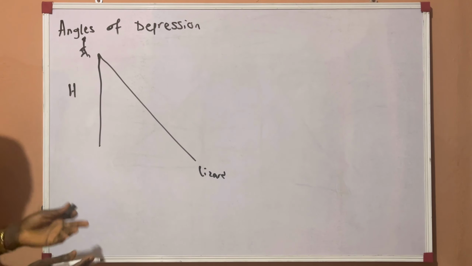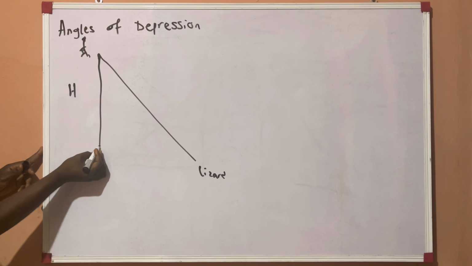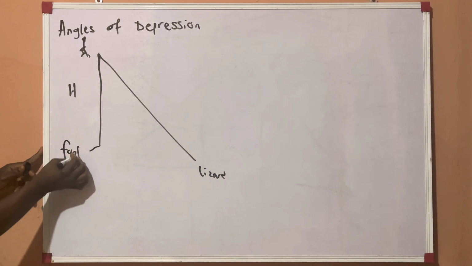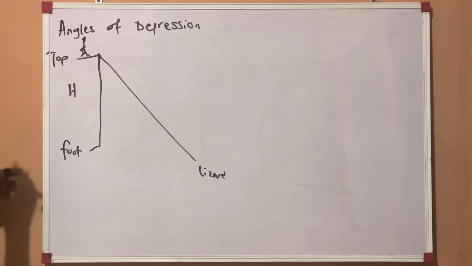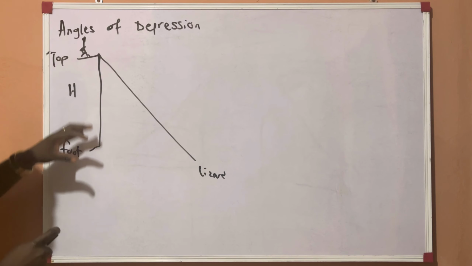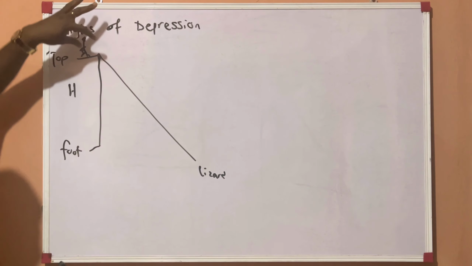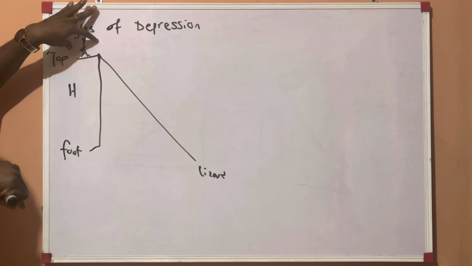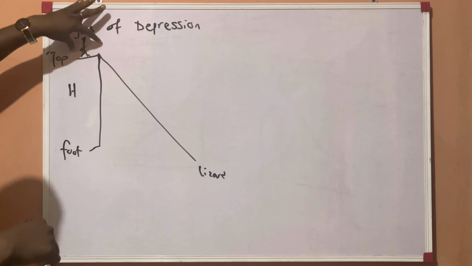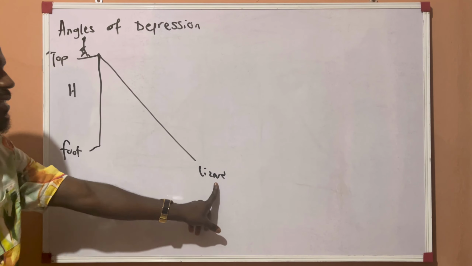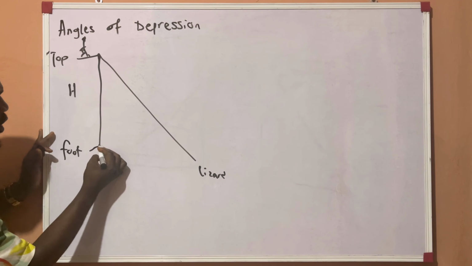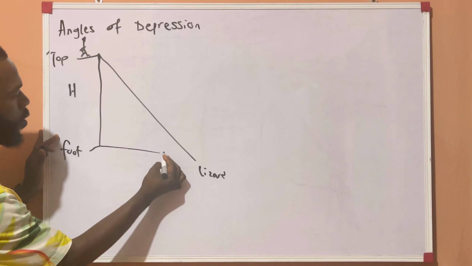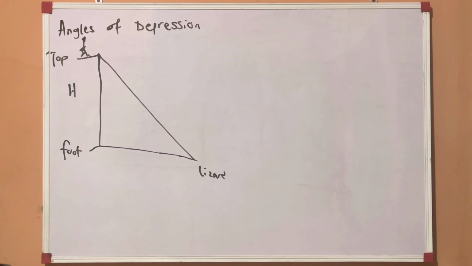Now, the pole has two ends, the foot and the top. The observer is not at the foot, rather the observer is at the top of the pole, and observes a lizard on the same horizontal level with the foot of the pole.